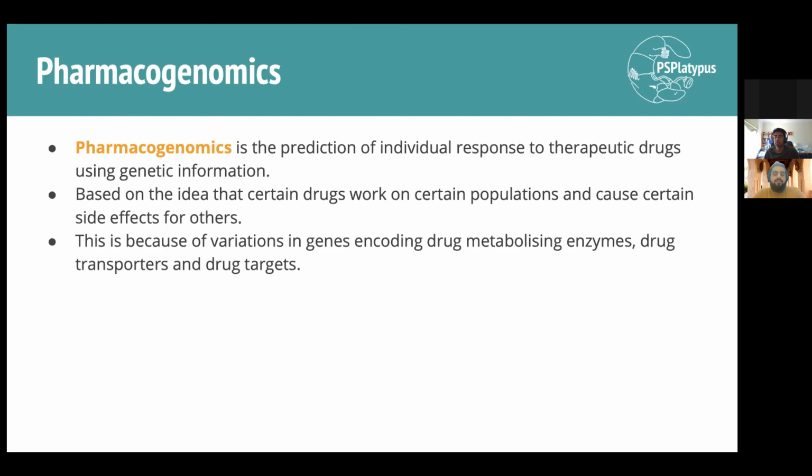And why is that? This is because of the variations in genes encoding drug metabolizing enzymes in our bodies. So how a drug acts in our body depends on our genes as well. And there is a variation between individuals.